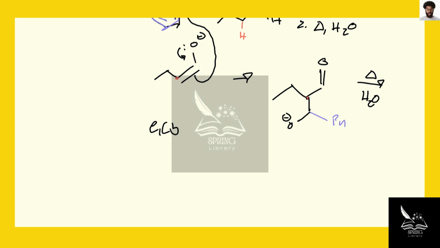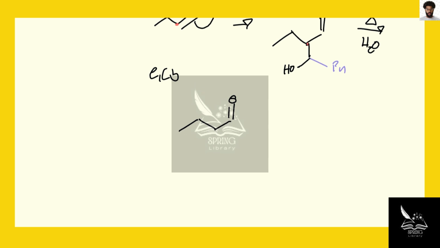So effectively what will happen is that the alkoxide will become an OH, and then we'll eliminate it and form a double bond between the red and blue carbons. So our final product will look like this.